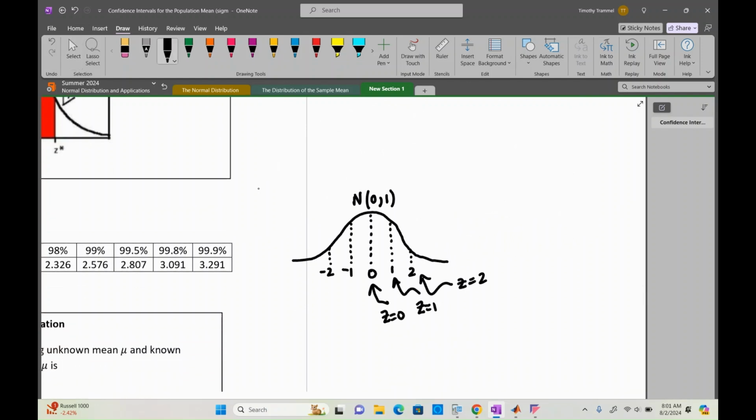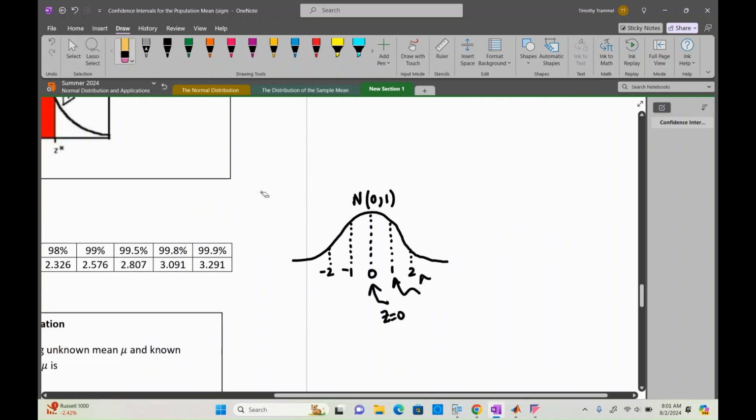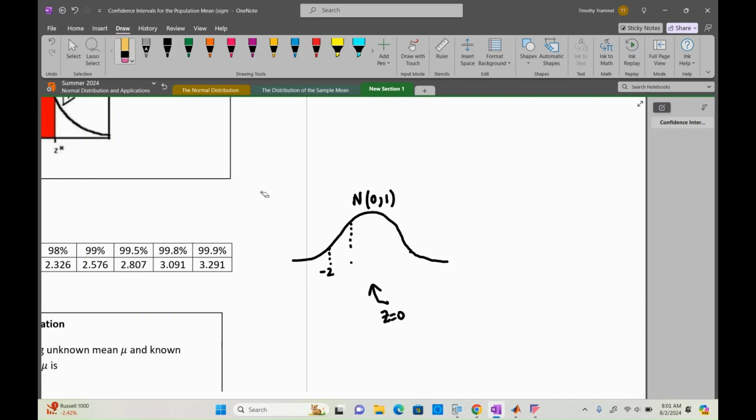Okay, so now that we know why we're using this one, we're going to try to find that Z star value for the 80% confidence interval. And maybe I'll just resketch this.